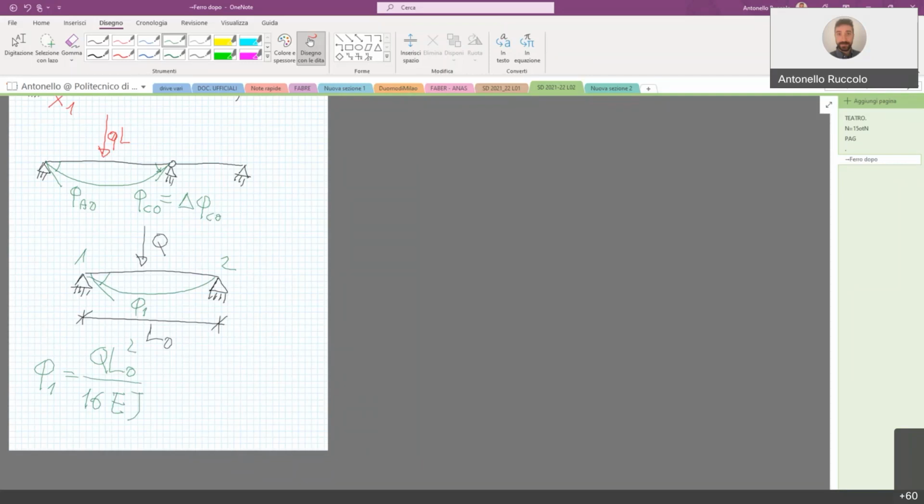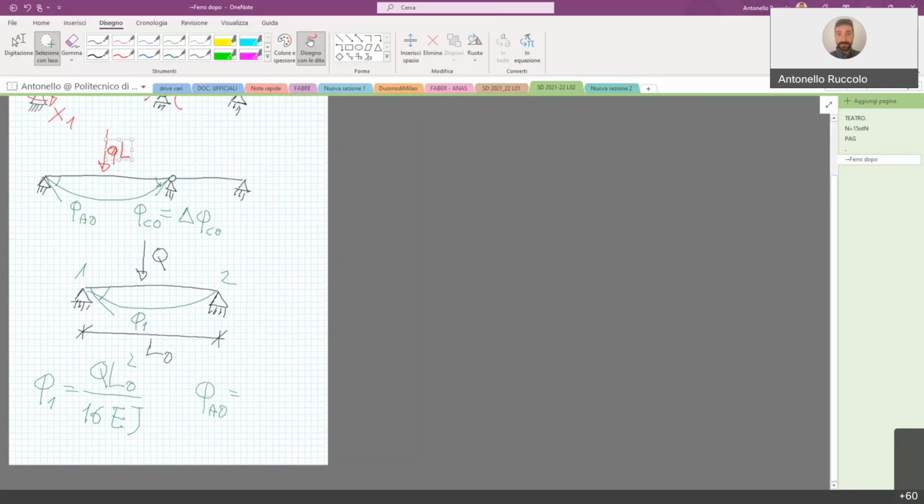In this case, phi A0 will be equal to, does someone want to say how much is phi A0 associated to a load QL on this beam? Someone wants to guess?